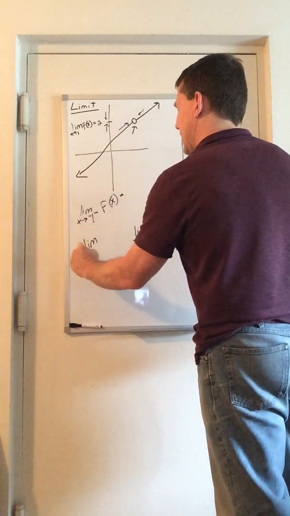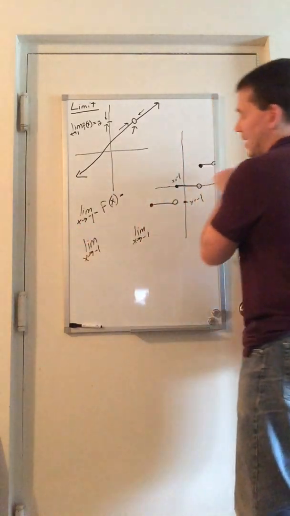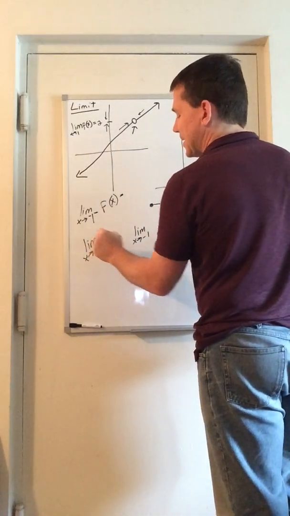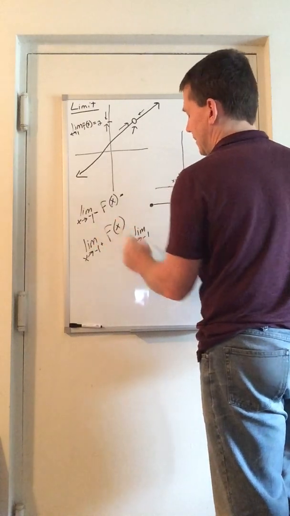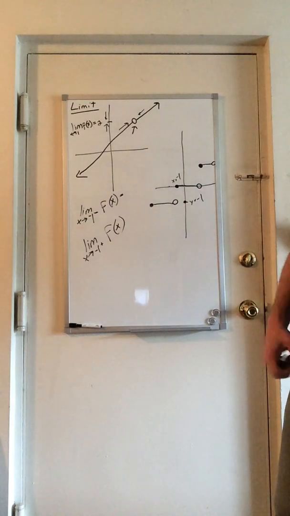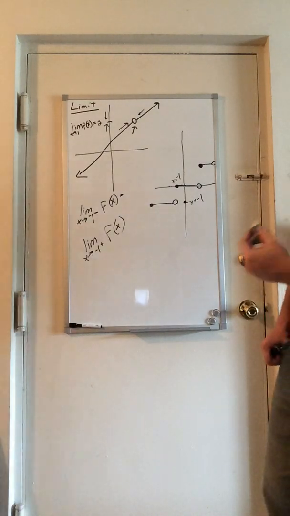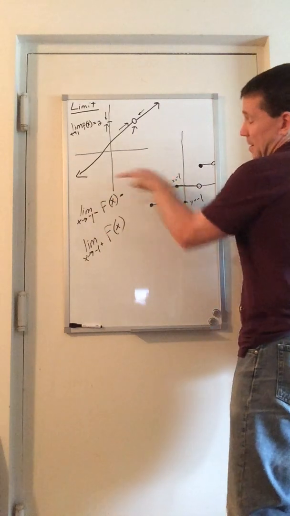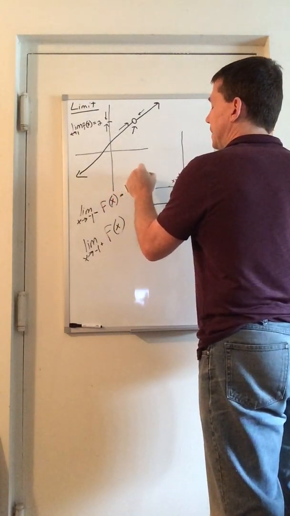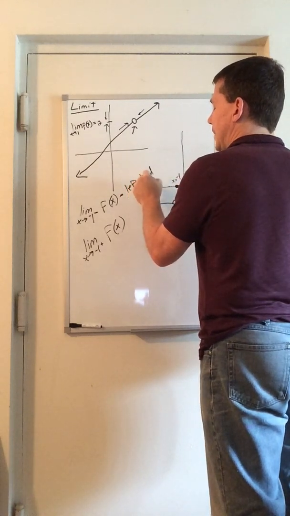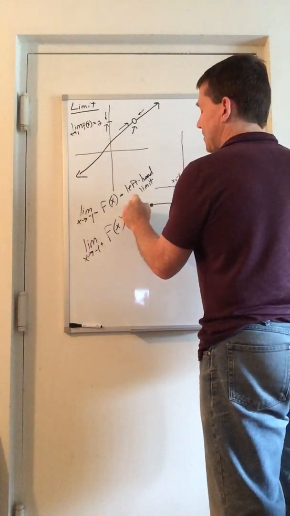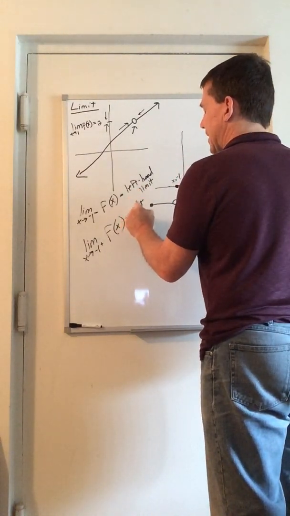Now I can say the limit as x approaches -1 on this side, the positive side, the right side, we put a little plus right here. And now we have kind of sublimits, extra limits, if you will. The one that approaches from the negative side, from the left, we call the left-hand limit. And this one that occurs from the right, the positive side, not surprisingly, we call the right-hand limit.